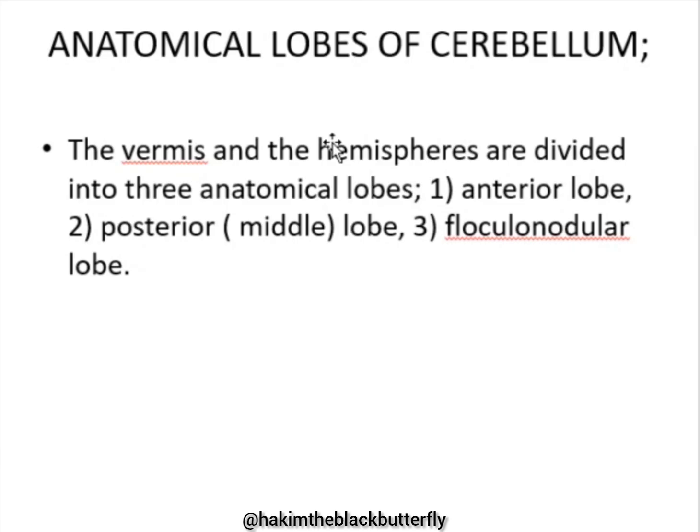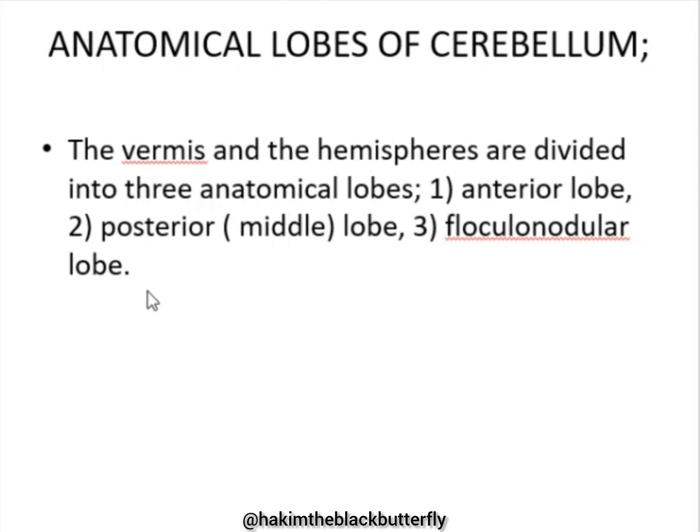The cerebellum can be divided into anatomical lobes and functional lobes. The anatomical lobes are the anterior lobe, the posterior lobe, sometimes the posterior lobe is known as the middle lobe, and the flocculonodular lobe.